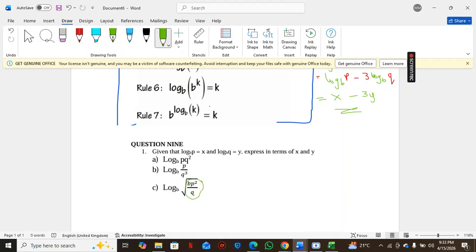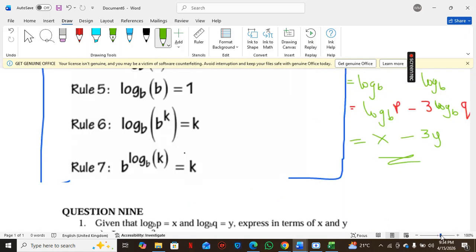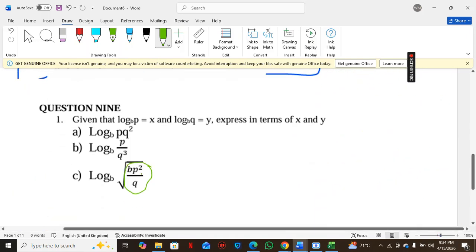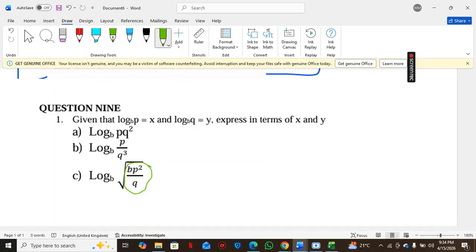Since there are three terms here, we need to isolate one term by itself so that we make life easy. Since there is a root here and a p squared here, the p squared should be isolated by itself.